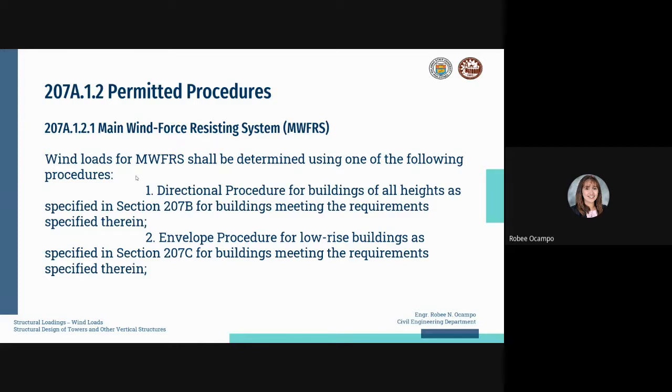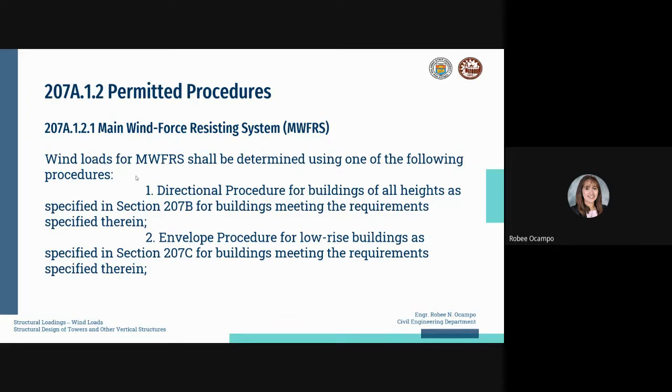So this could be a wind load on the roof, or wind load on the wall. So the roof and the wall are of course part of the basic structure of your building or other structure. Okay, so this is the MWFRS. Now for determining the wind loads for MWFRS, we have two procedures that are allowed by the NSCP.